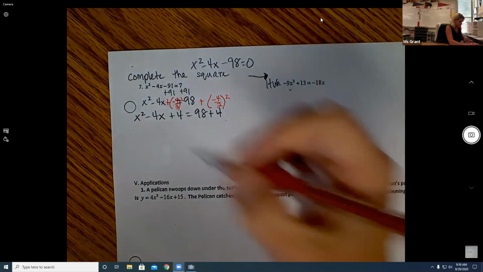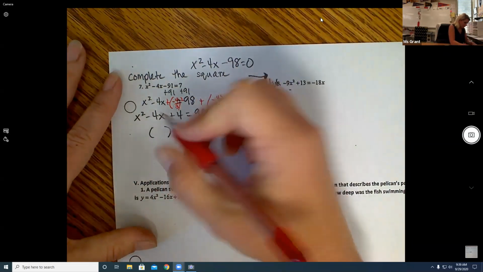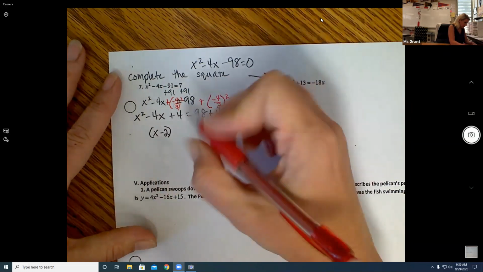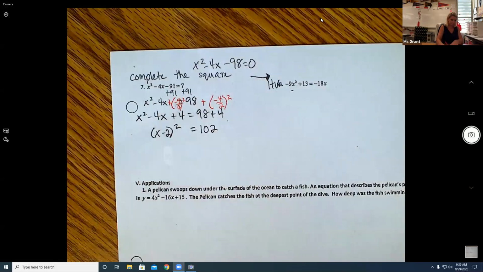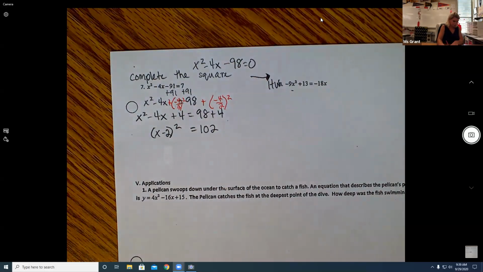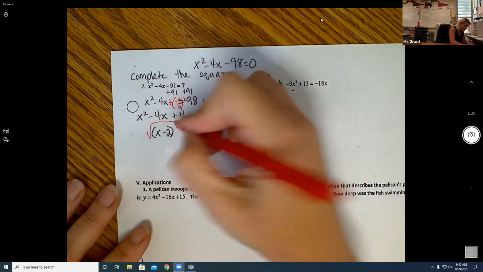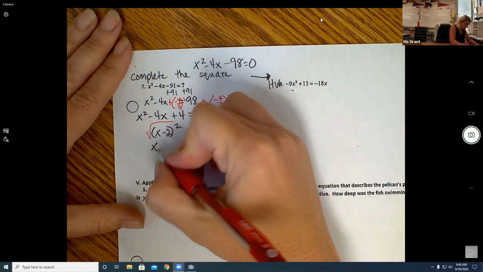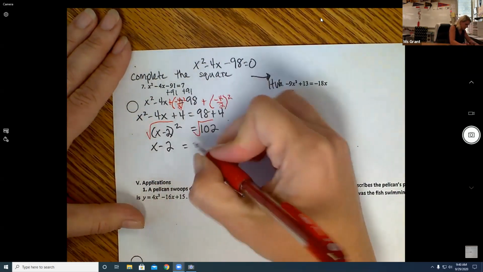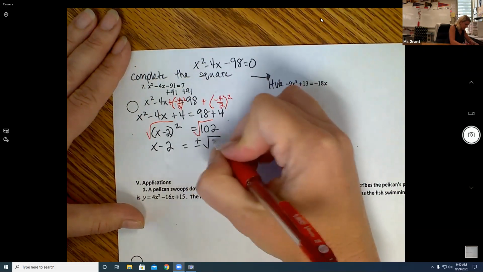Okay. X minus 2 squared equals 102. And then square root both sides. X minus 2 equals plus or minus the square root of 102.